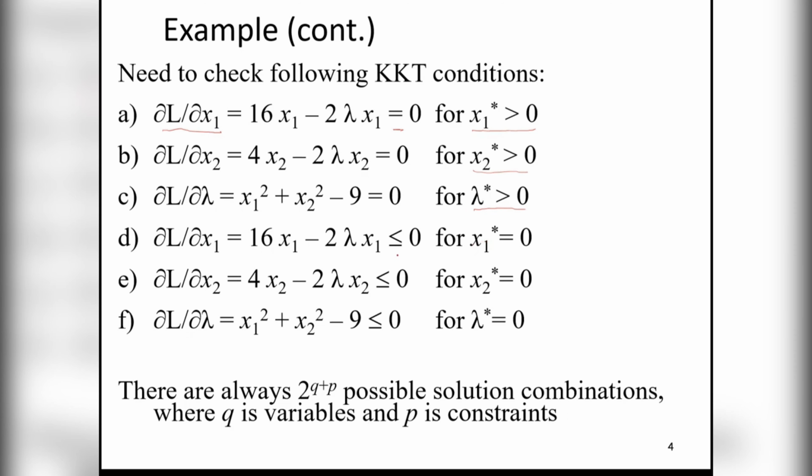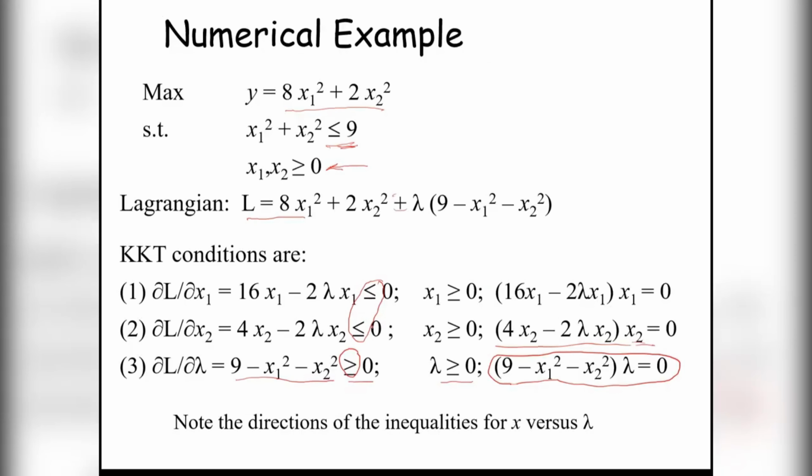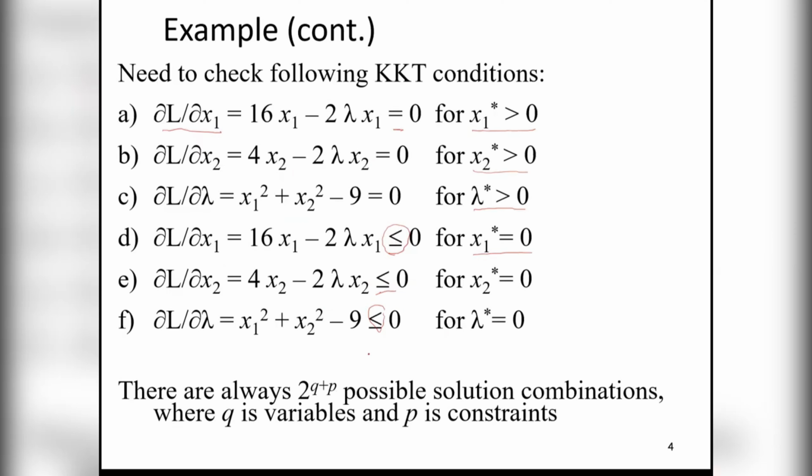If, on the other hand, we have this condition that's less than or equal to 0, if x1 is equal to 0, and the same thing for x2, and for this one here, we've rearranged that. Notice how I've rearranged that so that this greater than or equal to 0 sign is now a less than or equal to sign, because I've multiplied that through by -1.